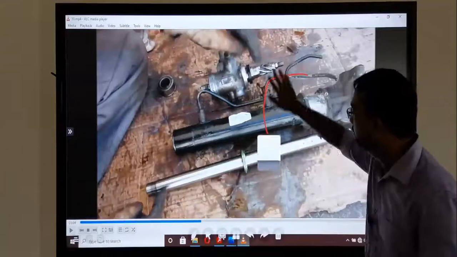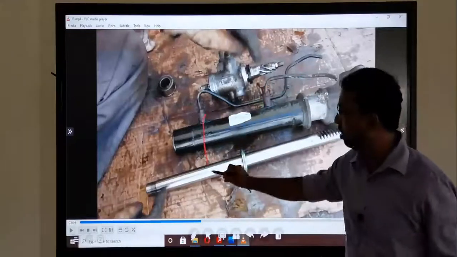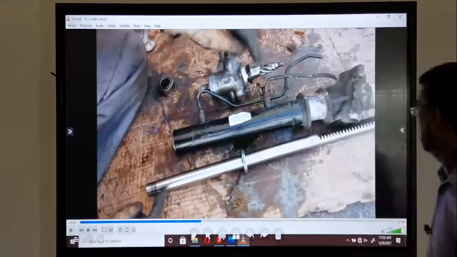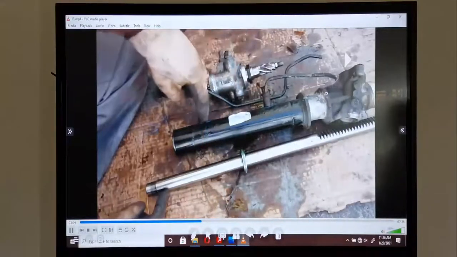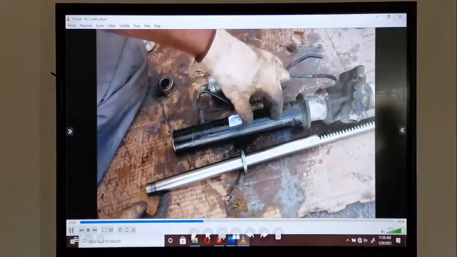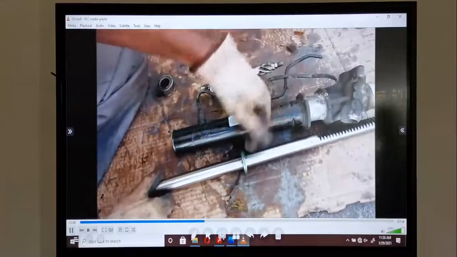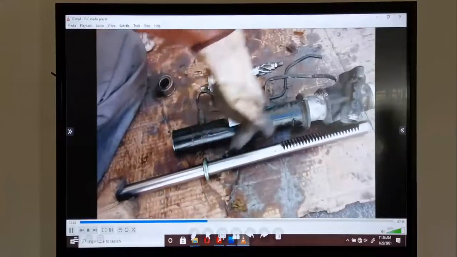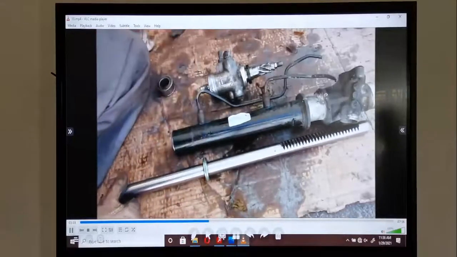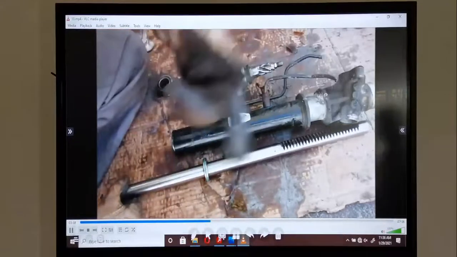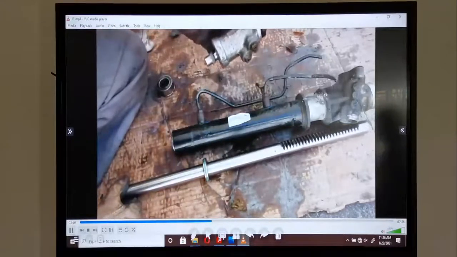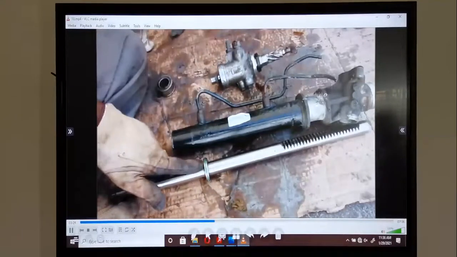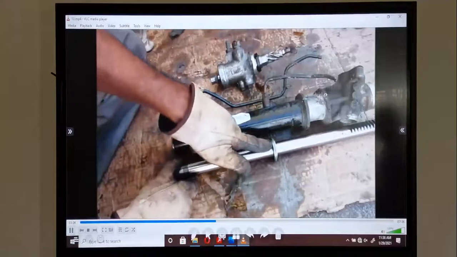When the fluid comes to this part, it pushes this side. Clear, I think. It just pushes in the opposite direction.